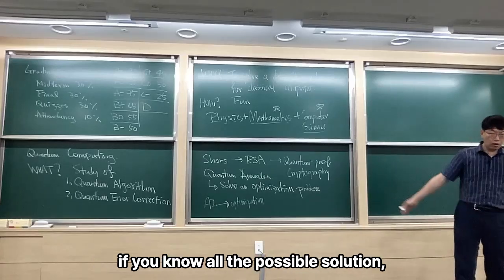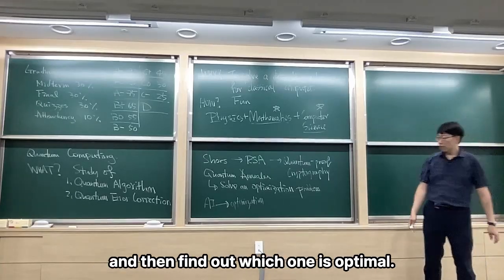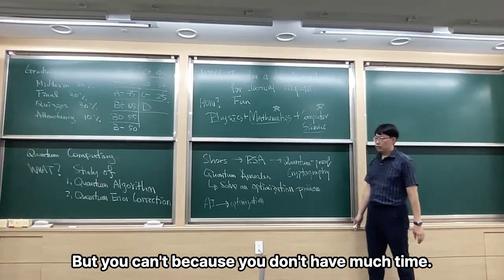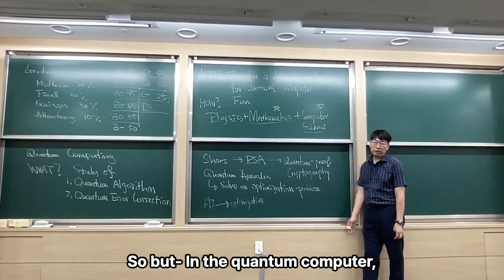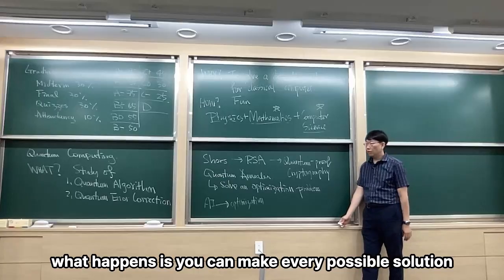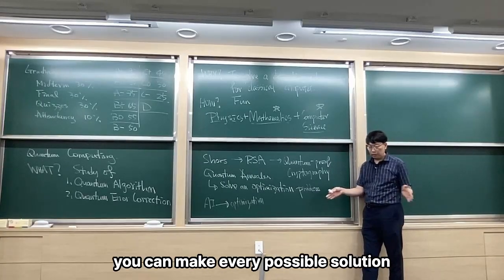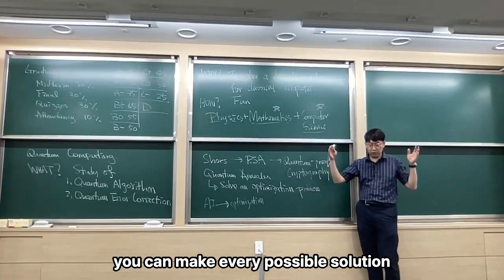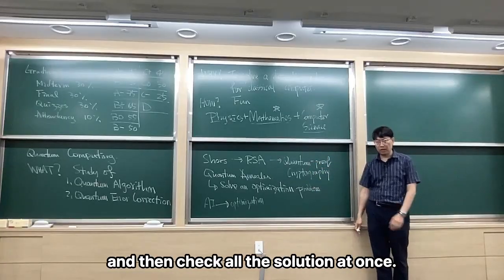If you know all the possible solutions, you can just plug in those numbers and find out which one is optimal. But you can't, because you don't have much time. But in the quantum computer, what happens is you can make every possible solution exist at once, and then check all the solutions at once.